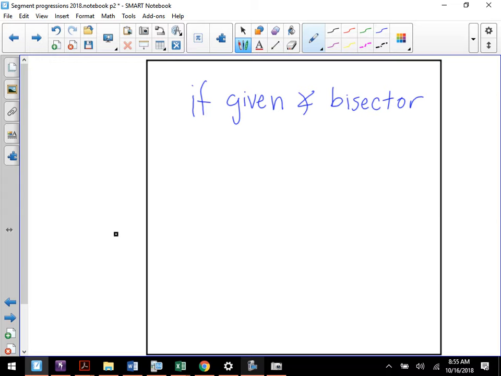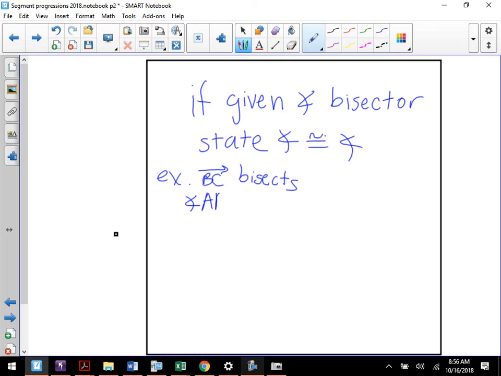So now you're gonna state that the angle is congruent to the angle. So then your example here, if you're given that segment BC bisects angle ABD.